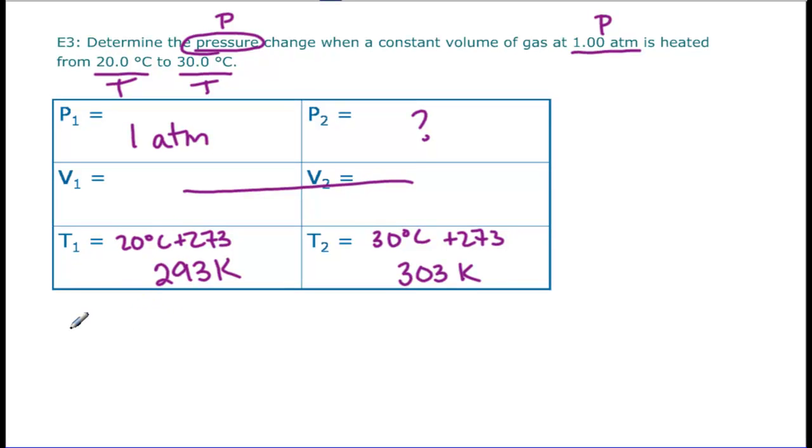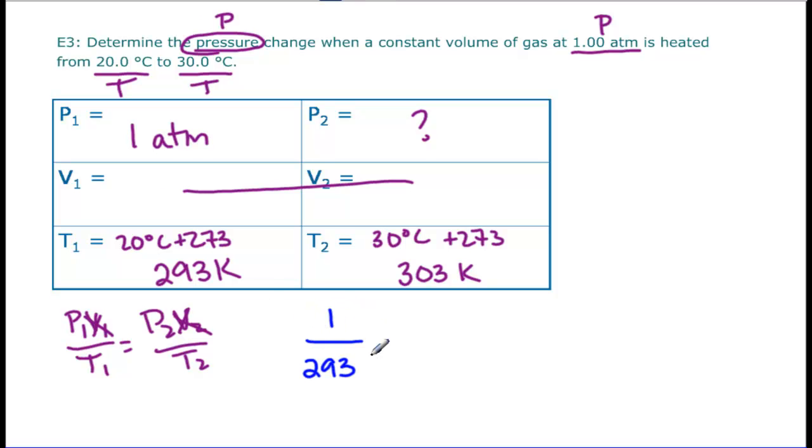Alright, so our formula started out P1 V1 over T1 equals P2 V2 over T2. Because my volume is constant, I can cross that out. So P1 is 1 over 293 Kelvin. That's going to equal X over 303 Kelvin.